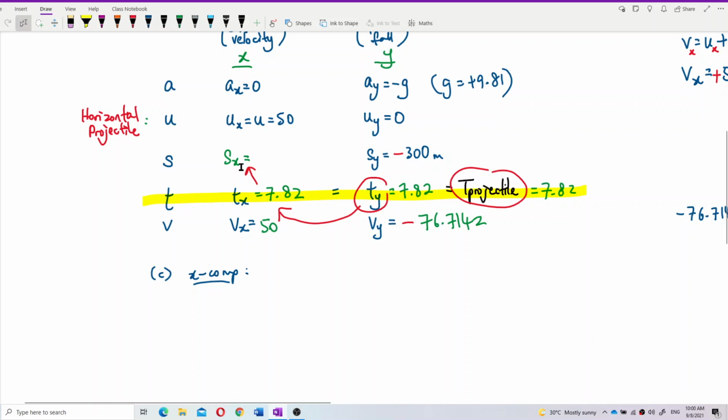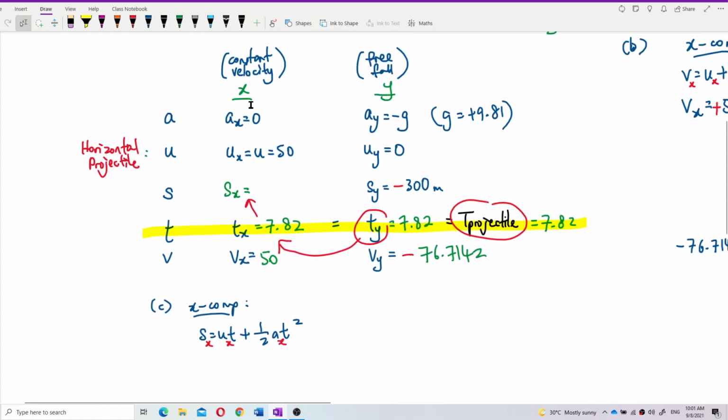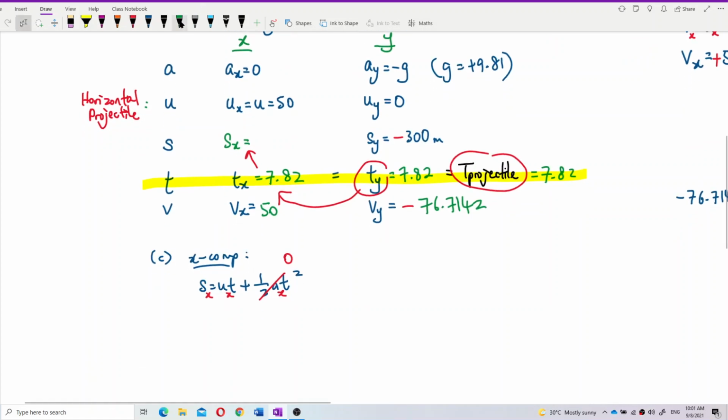So how to find the Sx? Just use s equal to ut plus half at square. Remember, this is all x components, so you need to put subscript below each term. Acceleration in x component is 0 because constant velocity. So it becomes s equal to ut only.